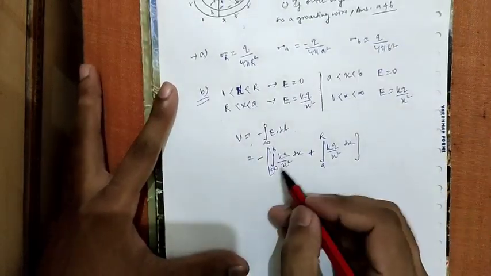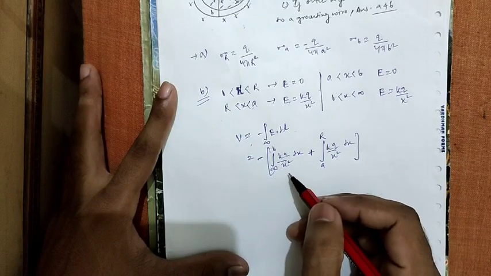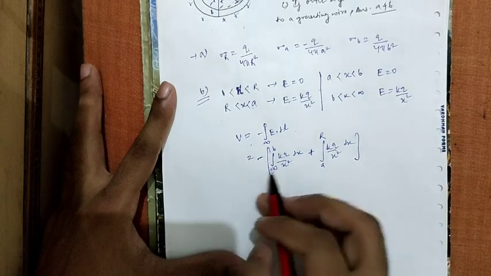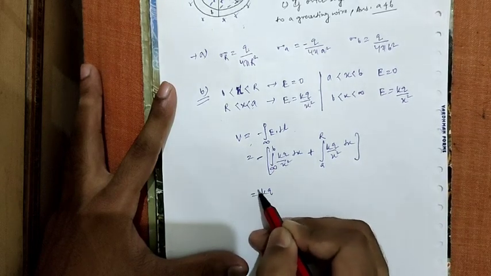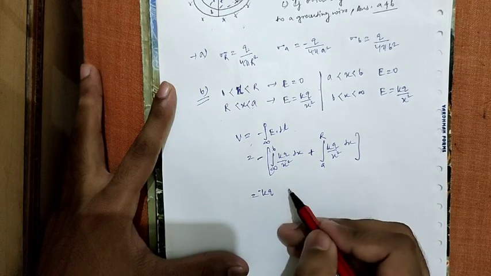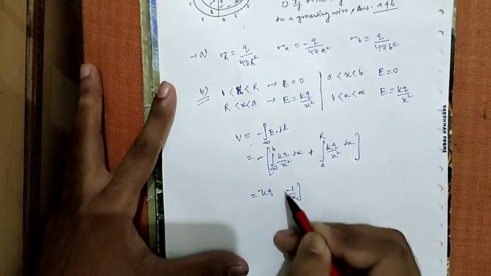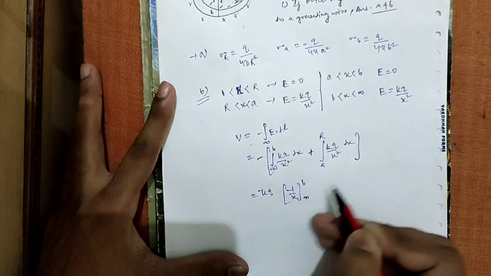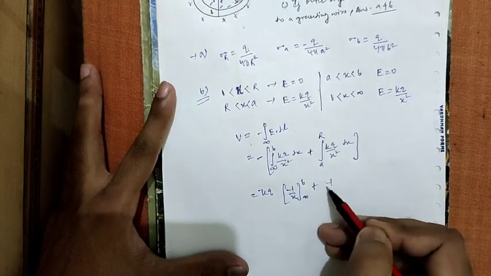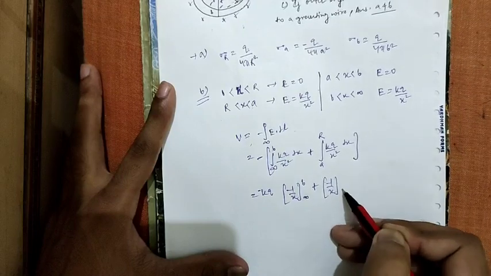Okay, now evaluating this. The integration of 1 over x square is minus 1 over x. Taking kq common here, minus kq, and the integration of 1 over x square is minus 1 over x from infinity to b, and the same here, minus 1 over x from a to r.